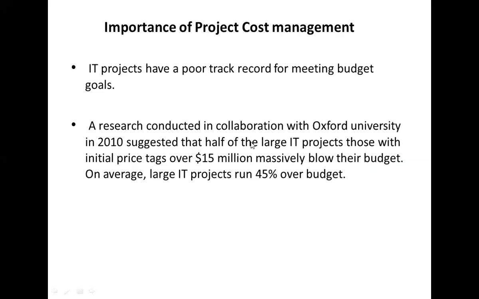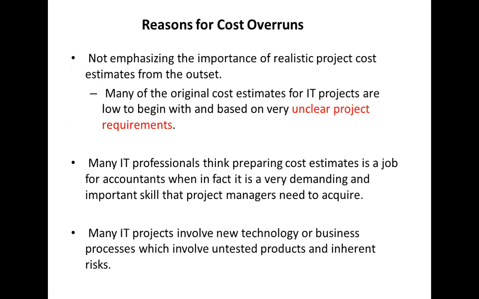And large IT projects also run 45% over the budget. Okay, so there's a very big difference between the planned cost and the actual cost of a project. So because of that, cost management has become a really important topic.